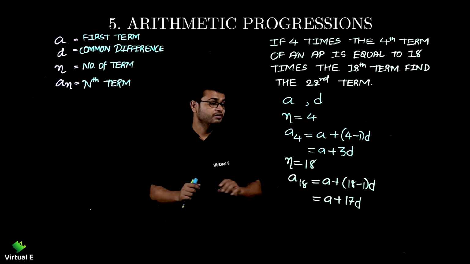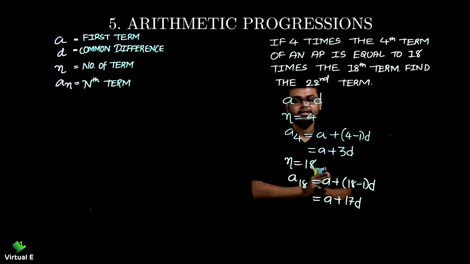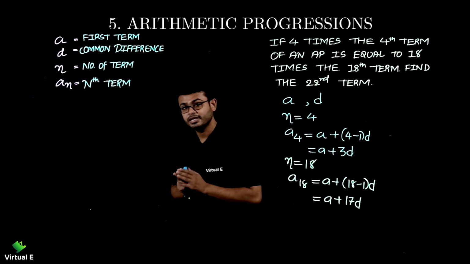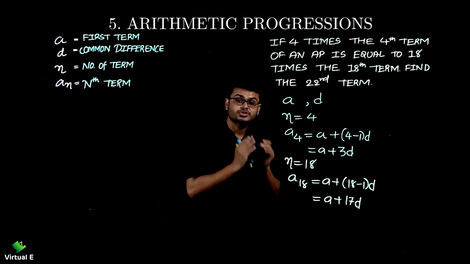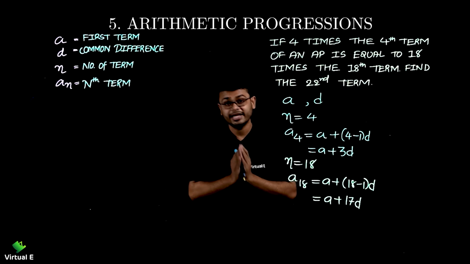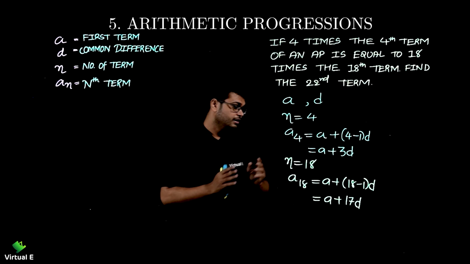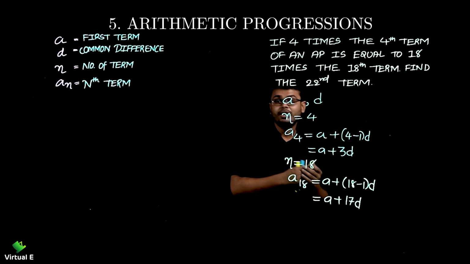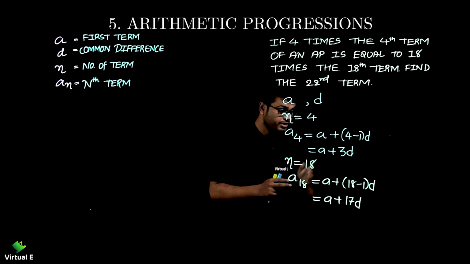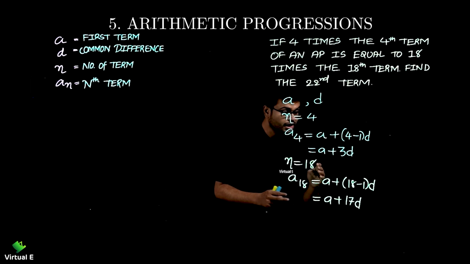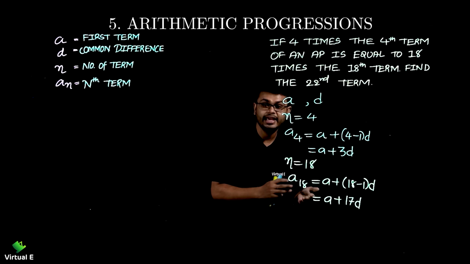Okay, so we have terms A4 and A18. Now there is one relation given. We need to convert it into mathematical form. We need to solve it and see what result we are getting. We don't know what kind of results we are going to get. We don't even know whether we are going to have a linear equation in 2 variables or a single variable, because you can see A and D both are unknown over here, and we don't have the values of A4 and A18.